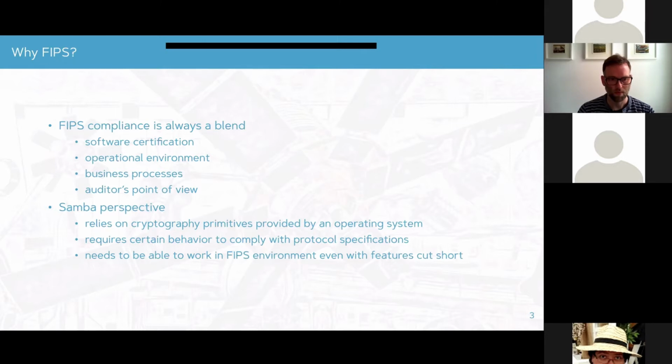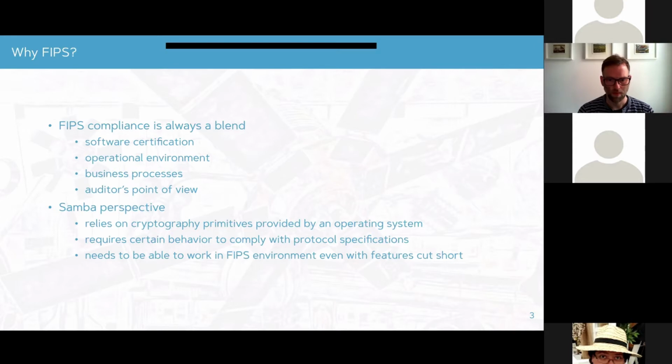And it's always interpreted by the organization or a specific person that does the audit of your environment. So it's not easy to say that you have FIPS mode switched on your server and you're great. It's always a blend of certain things together, and some of them are not technical anymore.